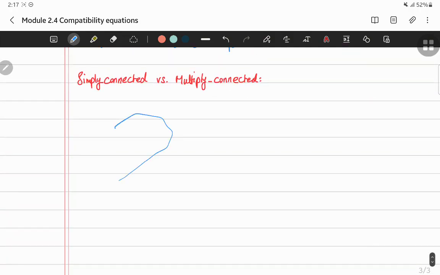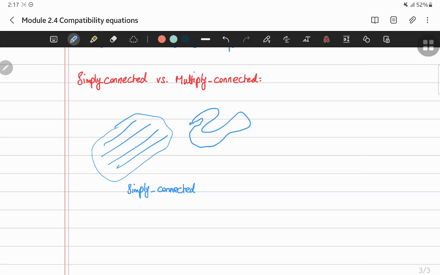So if you have a domain in a continuum, and this domain does not include any irregularity or discontinuity, or it's better to say hole, we call this a simply connected domain. And this simply connected could be something like this, for example.